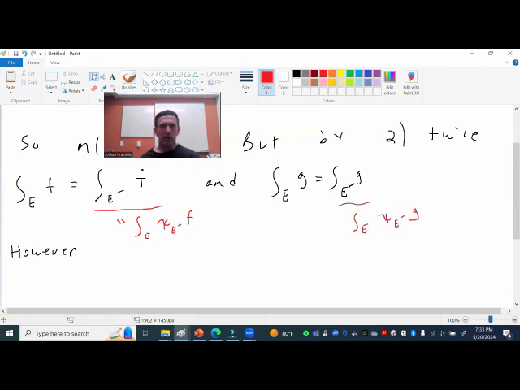So it's clearly enough to show, because of this, these two integrals are equal.